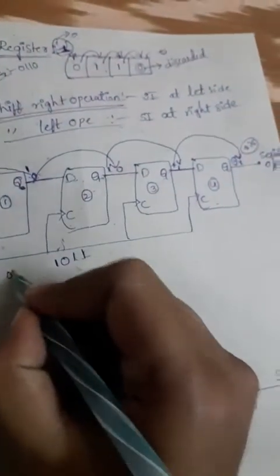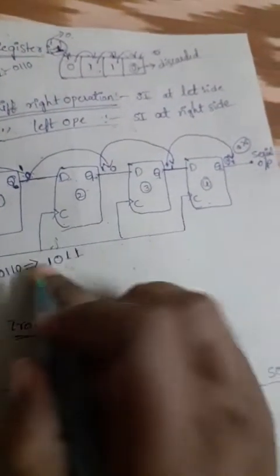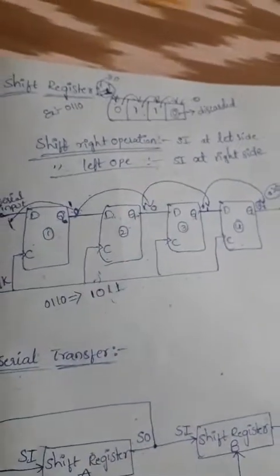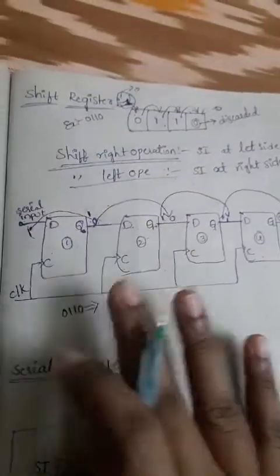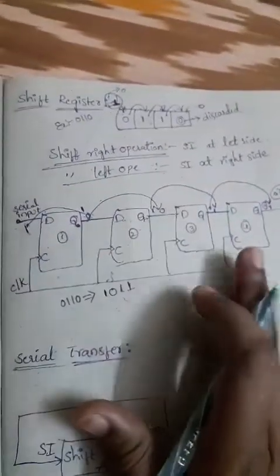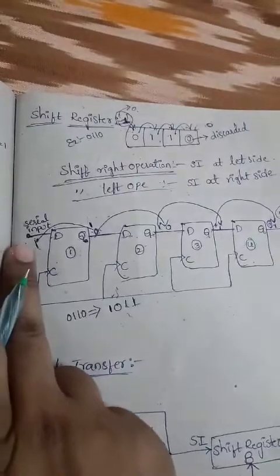So actually we are giving the information as 0110, but it is converted to 1011. Like that we can shift the information. Remember this: if you want to do the shift right operation, the serial input will be given here.